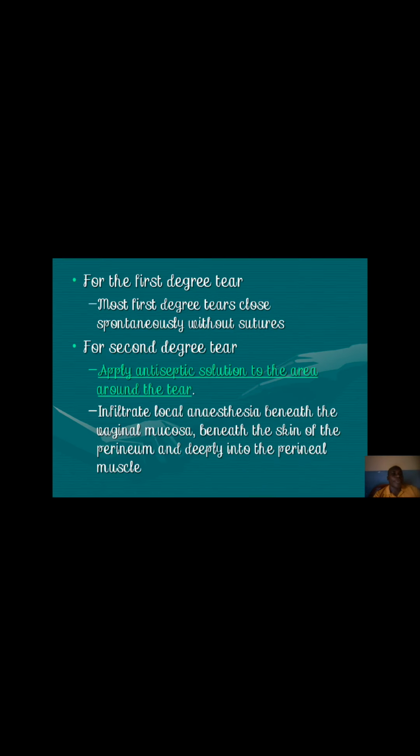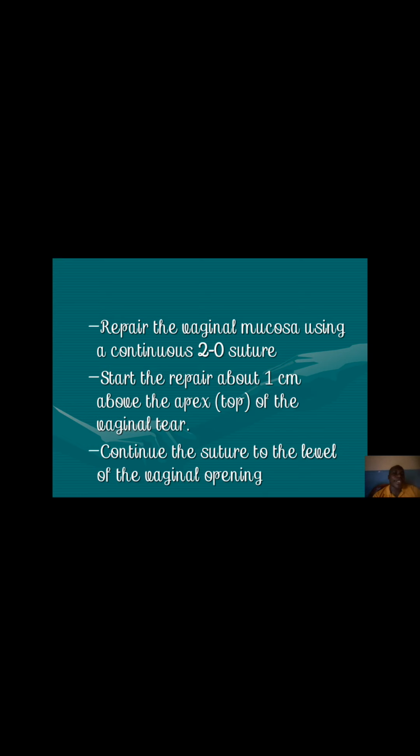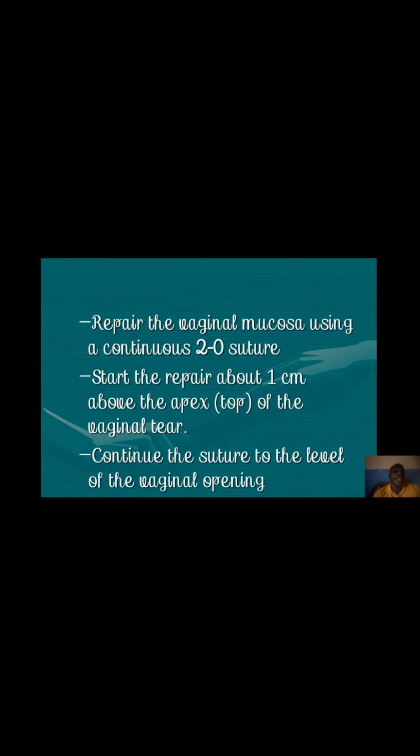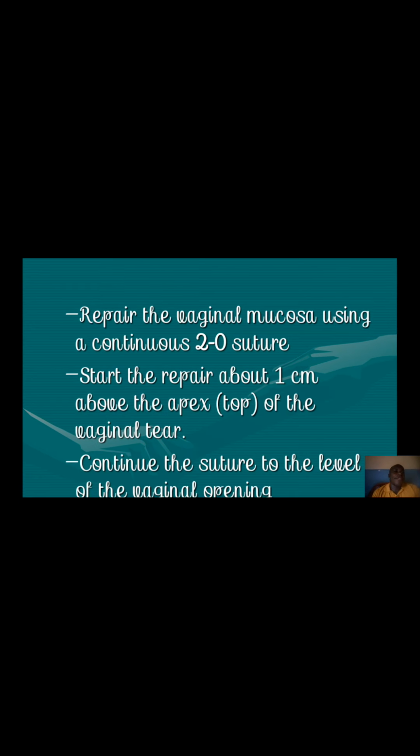Tutaona demonstrations how to repair the perineal tear. Repair the vaginal mucosa using a continuous 2-0 suture. Hii 2-0 ni catgut, ambayo inatumika katika repairing. So kuna aina za kurepair.